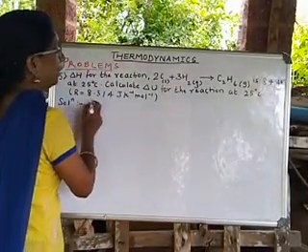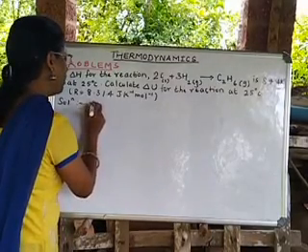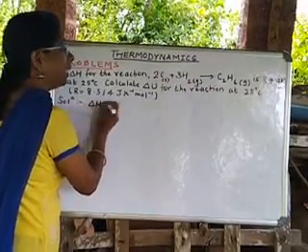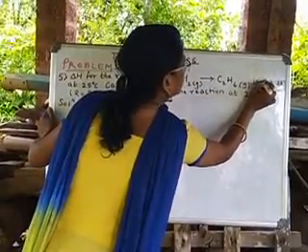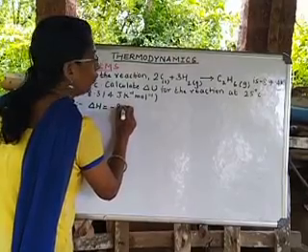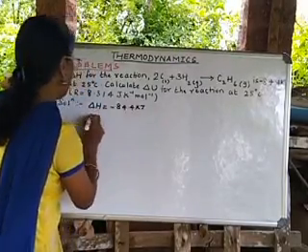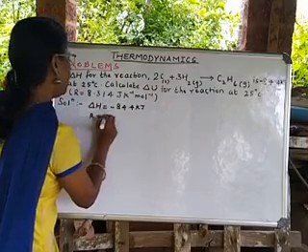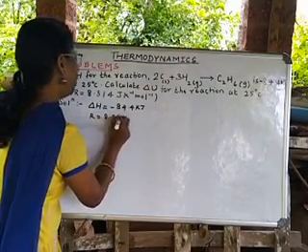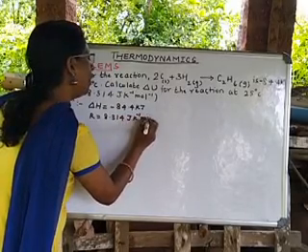Okay, fine. Now see here, delta H value for the reaction is given, that is -84.4 kilojoules. R value is 8.314 joule K inverse mole inverse.